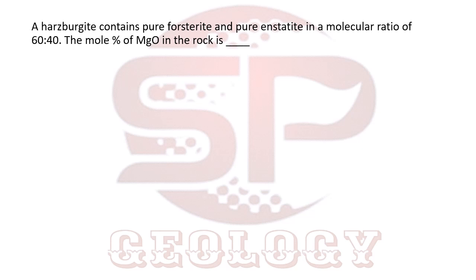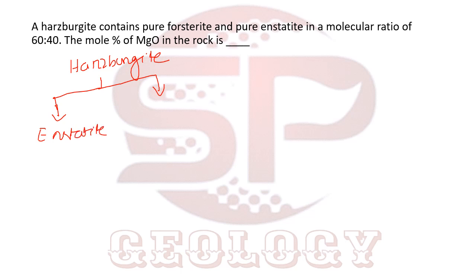Next, a harzburgite contains pure forsterite and pure enstatite in a molecular ratio of 60:40. So we have a harzburgite containing enstatite and forsterite in a 60:40 ratio.